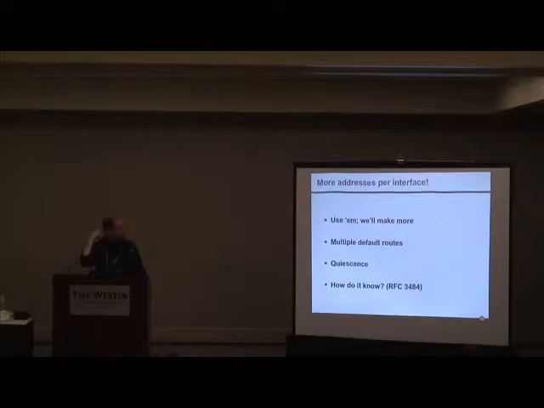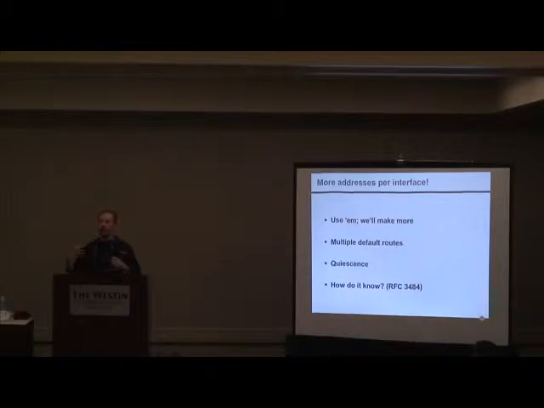One of the other things that is different, and we'll have to get used to, is this: I have multiple addresses on an interface, and I send a packet out that interface. Which one do I use for my source address? How does it know? Well, there is an RFC that has a whole series of rules for this. You should read it in detail, but what it effectively tries to do is this: if I'm sending to another host on link local, I will use my link local.